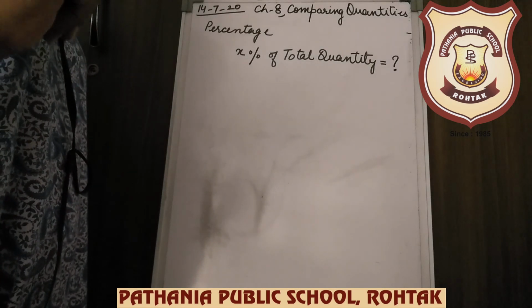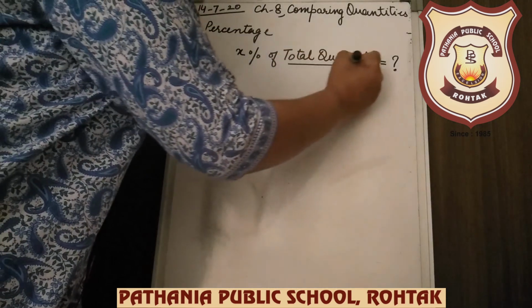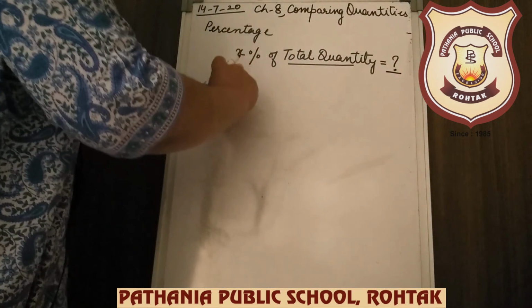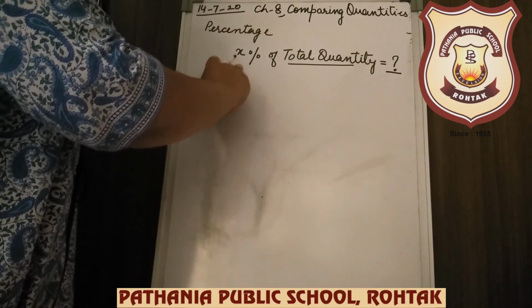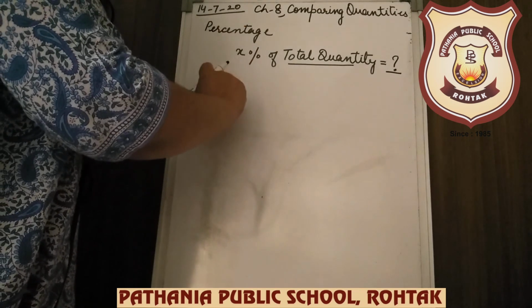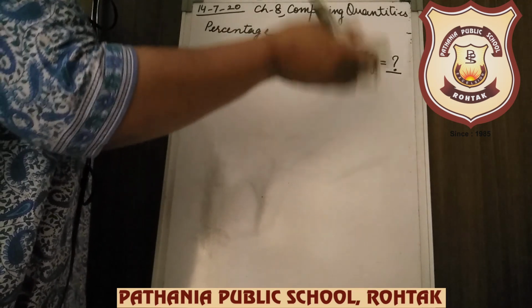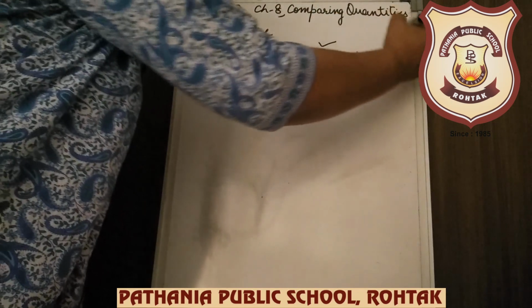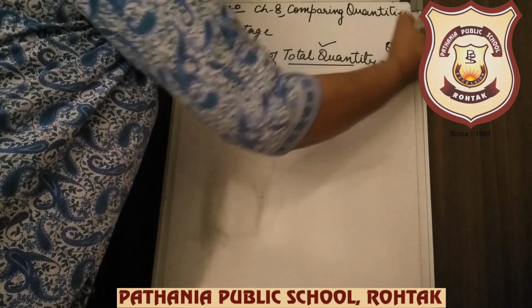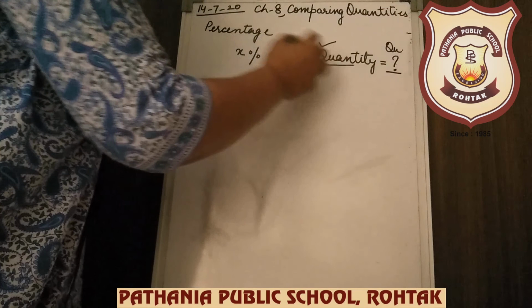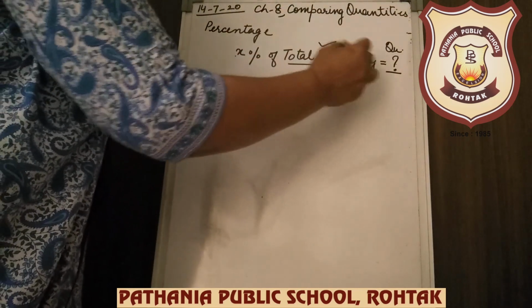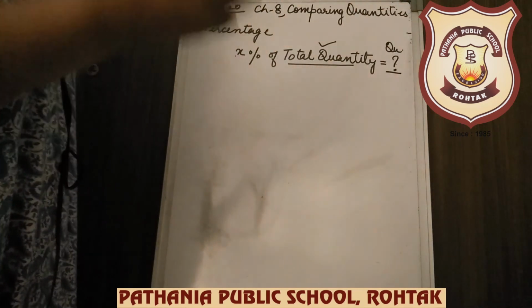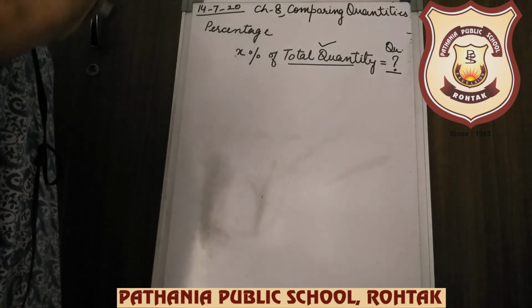If we have both these quantities, then how will you find the percentage? Means percentage of one quantity over the other, because both these are quantities. So we are going to find the percentage of these two, one quantity over the other.